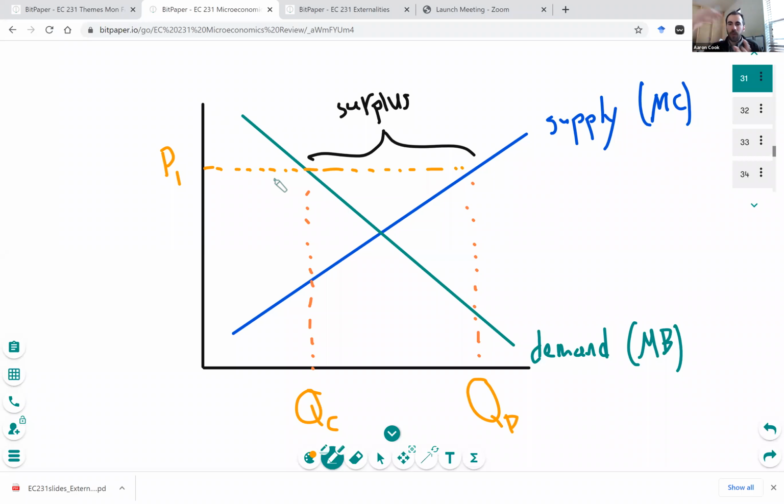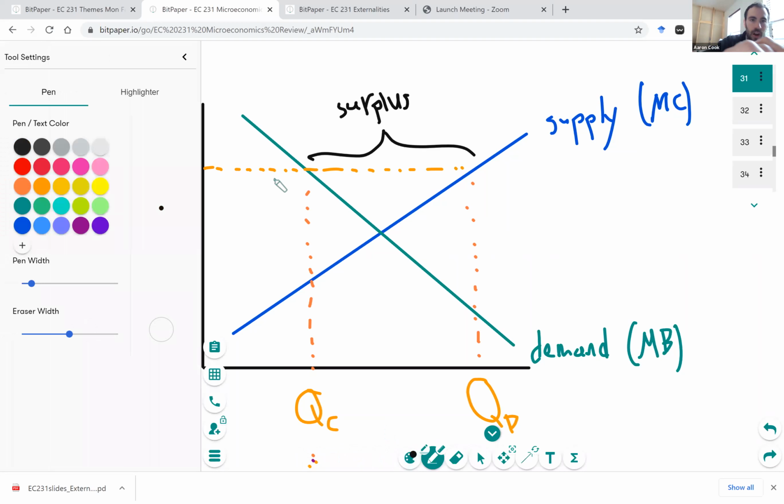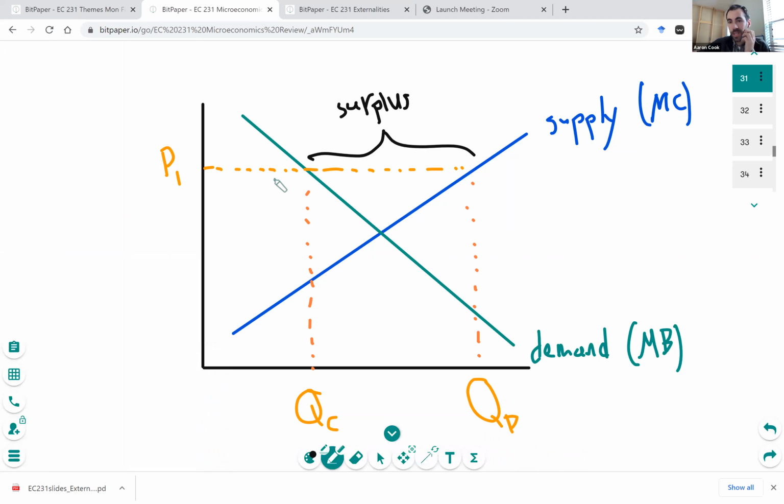And you have this gap. You have suppliers willing to supply a lot more than what consumers want. You're going to get a surplus, and so stuff is just going to be sitting around on the shelves, not doing anything. You've produced too much stuff, and people don't want it that much because the price is too high.